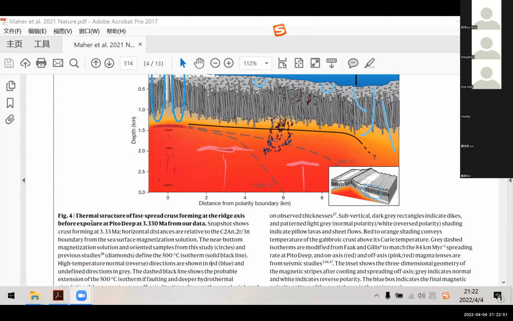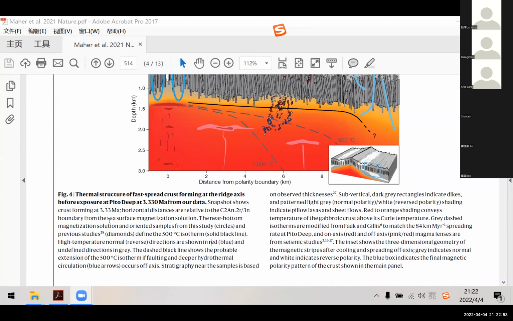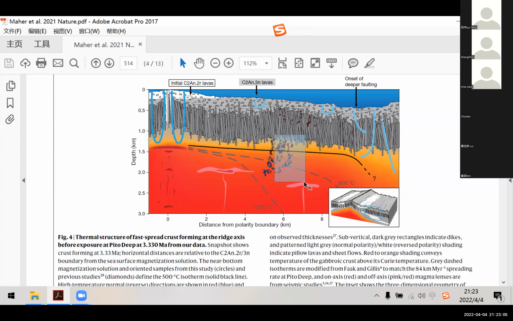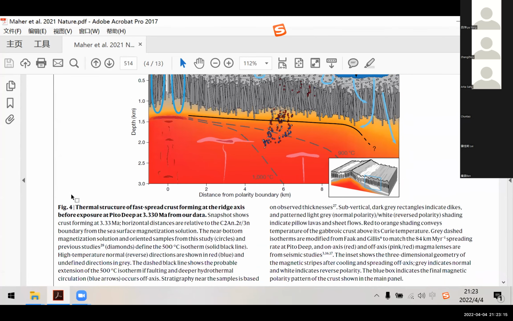So here, when I'm reading this, it shows the circles and the previous study diamonds. Actually, where are the diamonds? Okay, so these are the 500 degrees C, right? These are the previous ones, not defined.